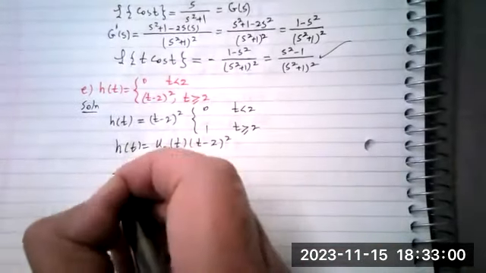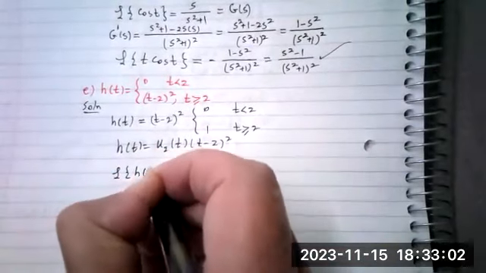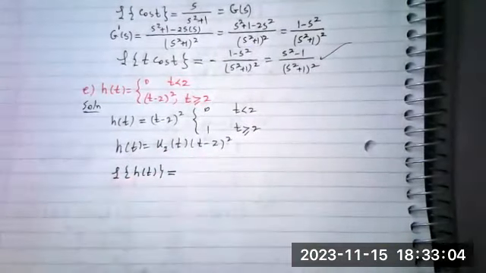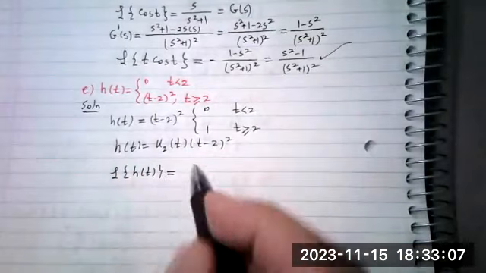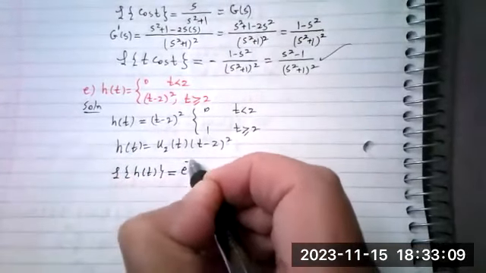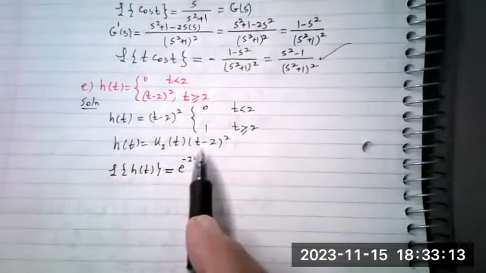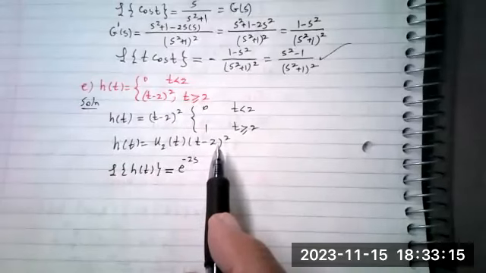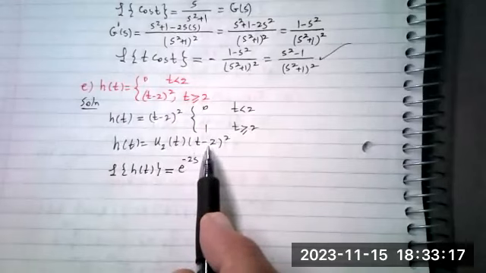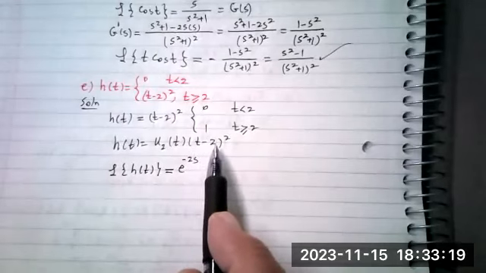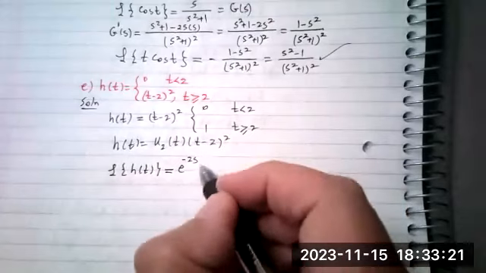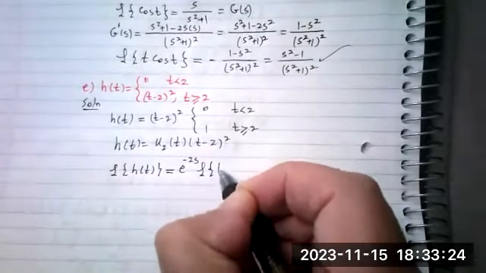So the Laplace transform of h of t is going to be equal to, because of the u, e to the negative 2s. Now the Laplace of this is t minus c. You want to find the t: if you add the 2 here or drop the negative 2, it's a t squared. So it's going to be times the Laplace of t squared.